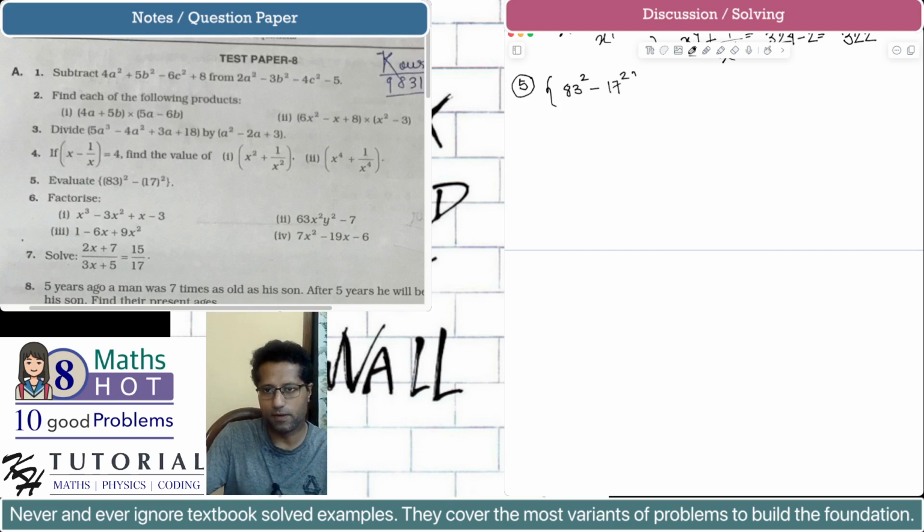To evaluate this kind of expression where the terms are constants, and it is in the form a square minus b square, we know that we can apply the identity a square minus b square is equal to a minus b multiplied by a plus b.